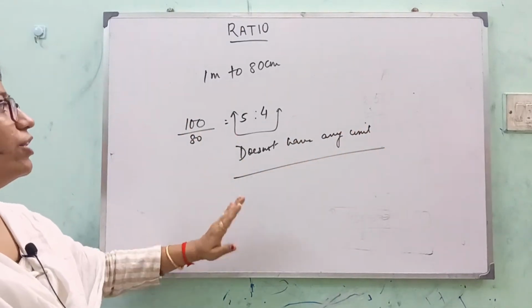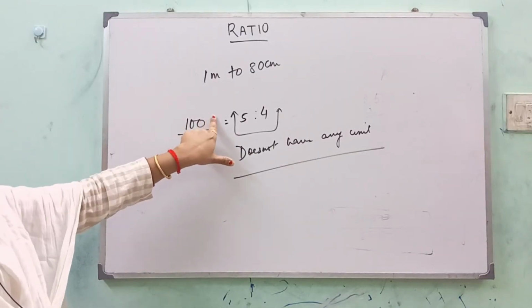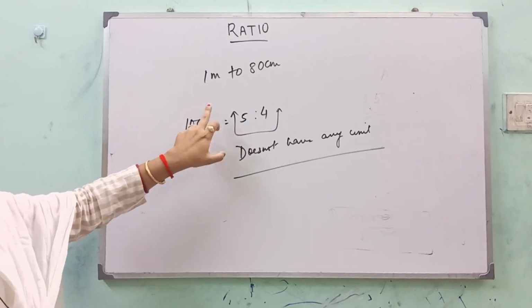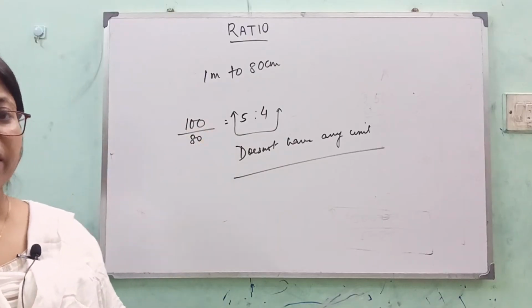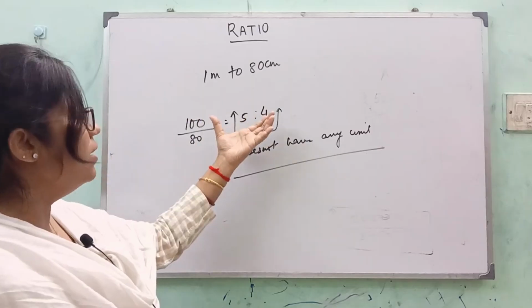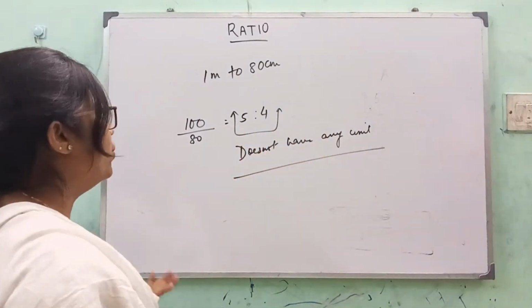Ratio will not have a unit. Why? Because while you're finding the ratio, the first term's unit and the second term's unit get eliminated while you're doing the division. So the ratio, the final answer, does not have any kind of unit.